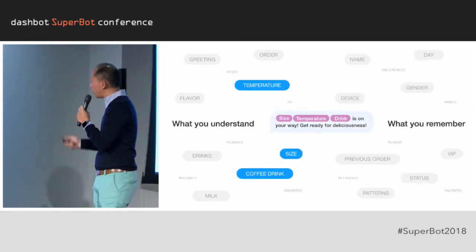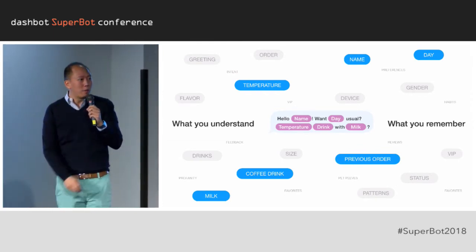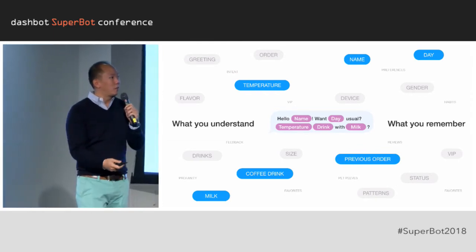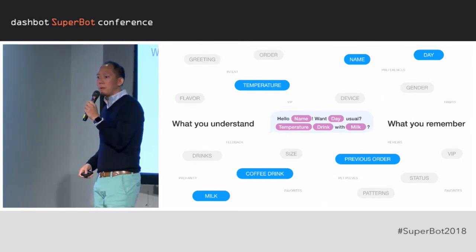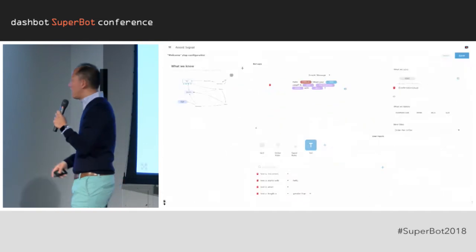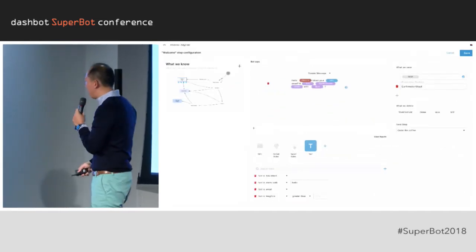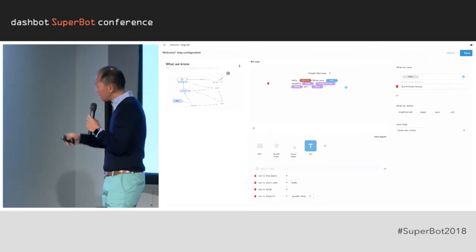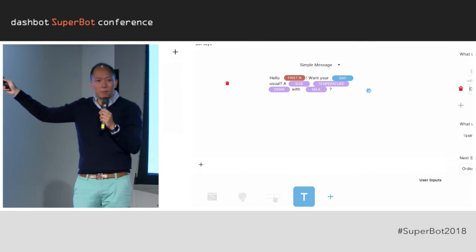And so once you get this, then you get all of the data that you can remember and understand, and all of a sudden you could just ask one question. Hey, do you want your usual on Monday? Yes, right? And then you get to that. And so this is actually our tool in our platform. And this bubble is really powerful because it helps you understand how to write copy.